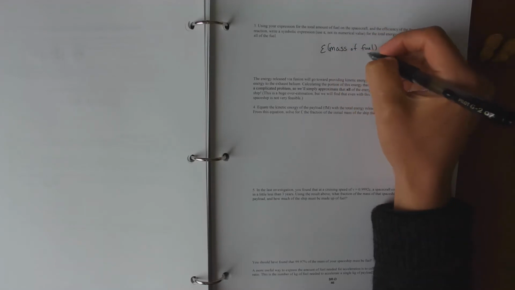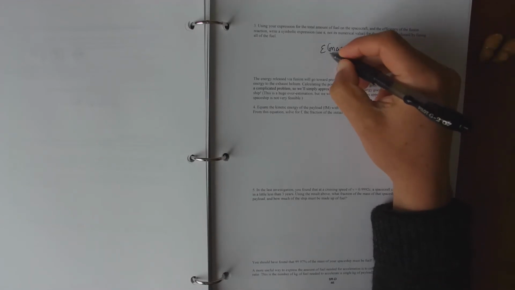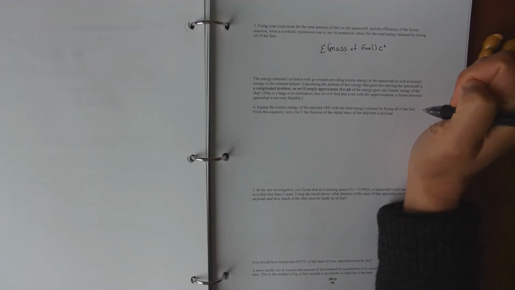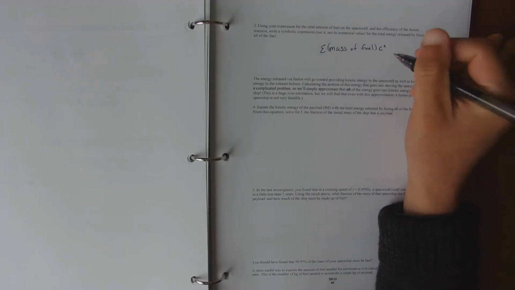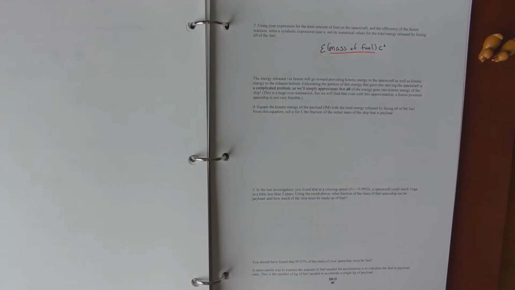So this would be the mass times c squared, giving you the energy, but then since you don't get all of the energy, you have to multiply it by the efficiency. You're supposed to do this symbolically, so all you need to do here is sub in for the mass of the fuel what you have on the previous page.